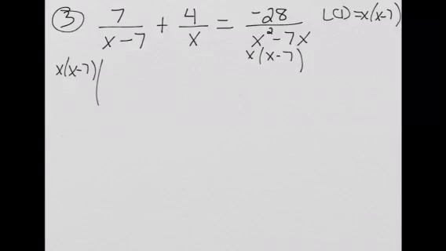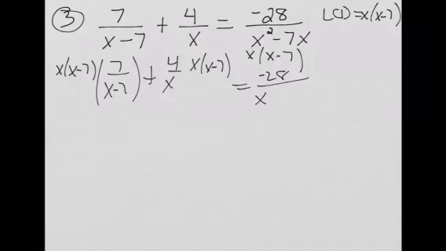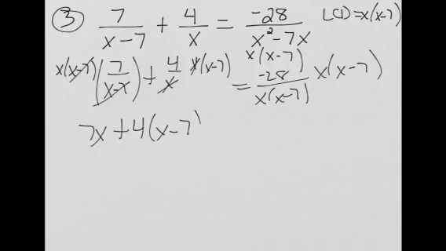So x times x minus 7 times the first term, plus the second term, times x minus 7, and then that's equal to this last term, times x minus 7. Okay, and so what happens is here the x minus 7's cancel, we're just left with 7x. Here the x's cancel, so I'm left with 4 times x minus 7. And on the right side, all of it cancels, and we're just left with a negative 28.